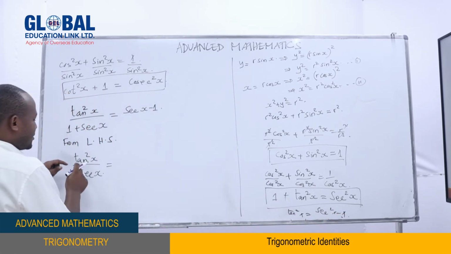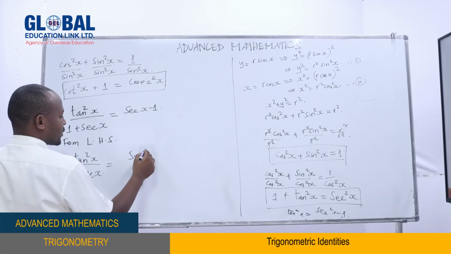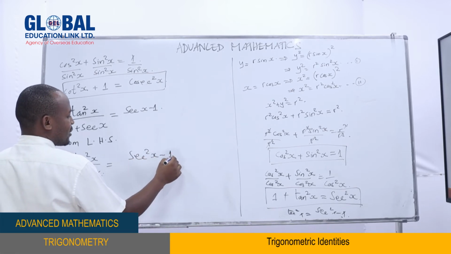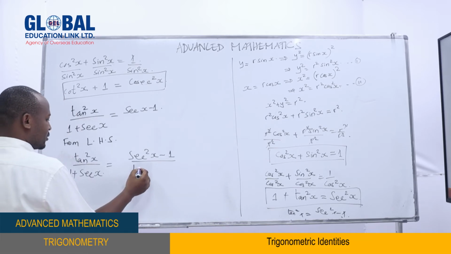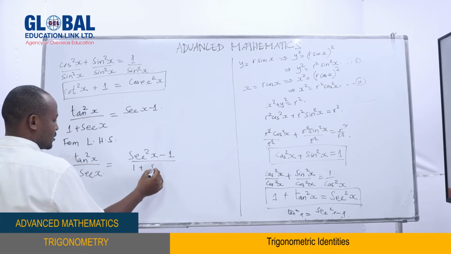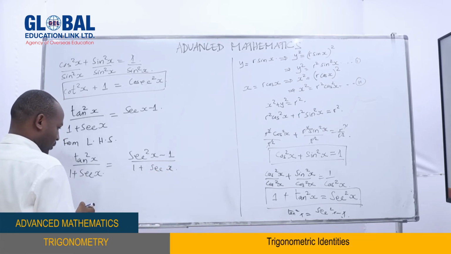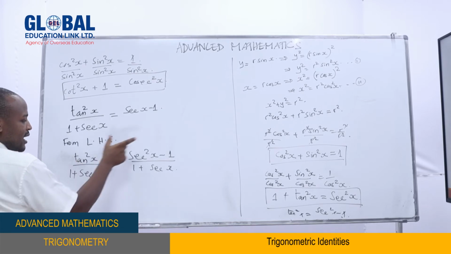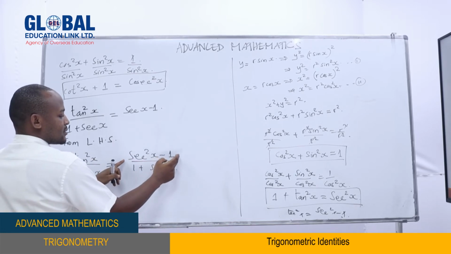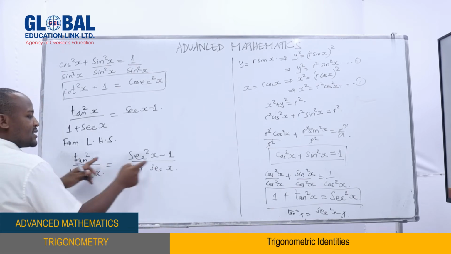So instead of writing tan square of x, now I'm writing sec square of x minus 1, over 1 plus sec x. So these are the uses of identities. Instead of writing that, I can use that.